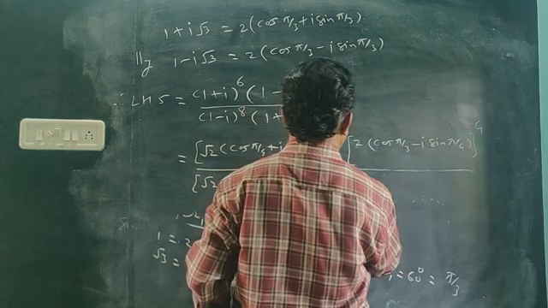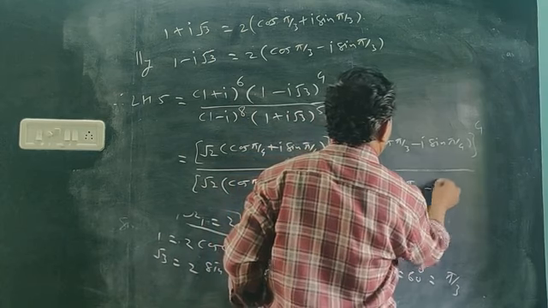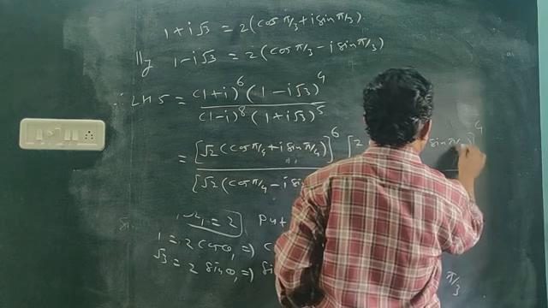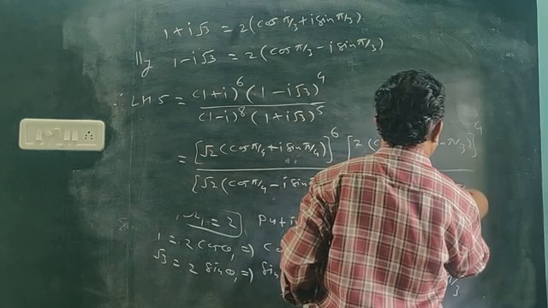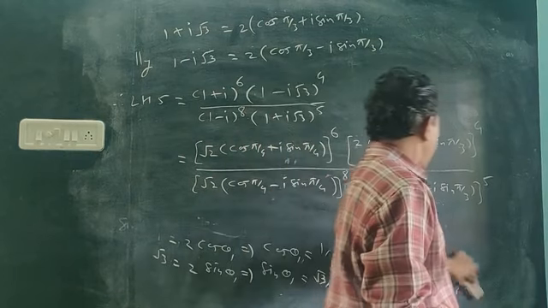And 1 plus I root 3 is 2 cos of pi by 3 plus I sin pi by 3, to the power 5. Simplify.